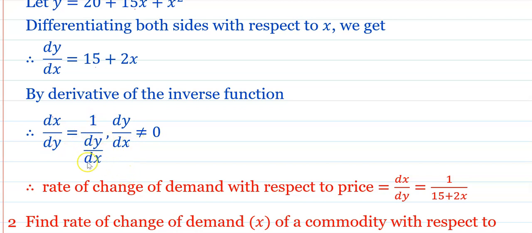Substitute the value of dy by dx, which is 15 plus 2x, and hence the rate of change of demand with respect to its price, dx upon dy, is equal to 1 upon 15 plus 2x, and this is the answer.